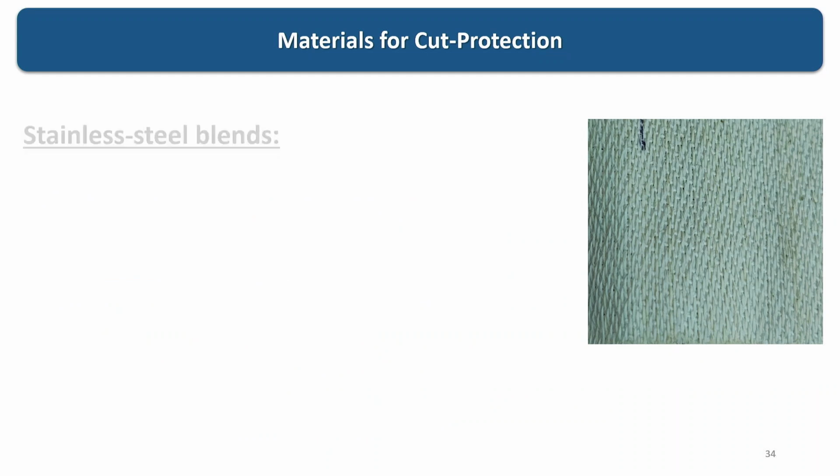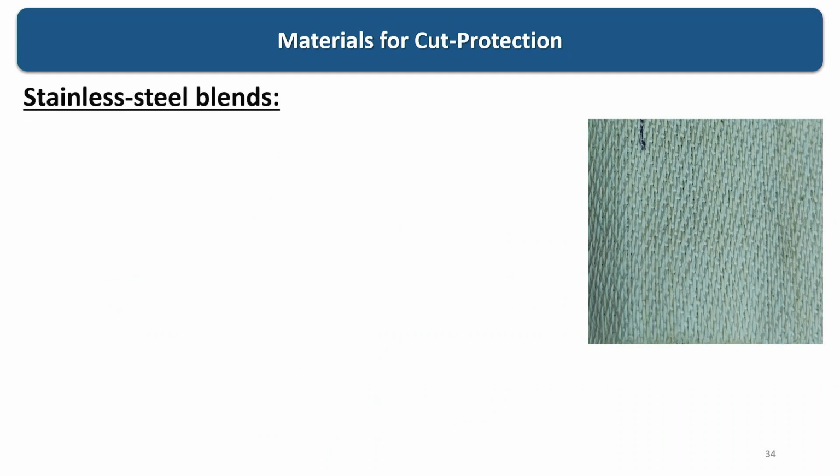The next material is stainless steel and its blends. Stainless steel fibers, particularly filaments, are widely used for cut resistant textiles.